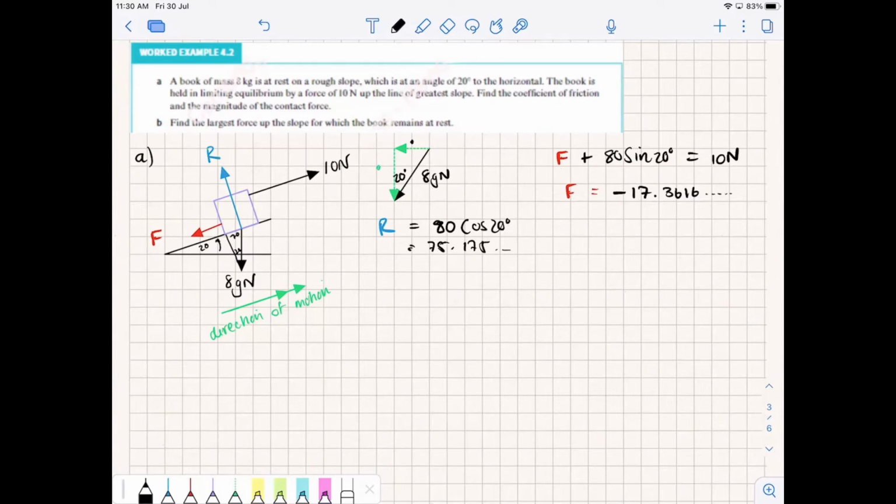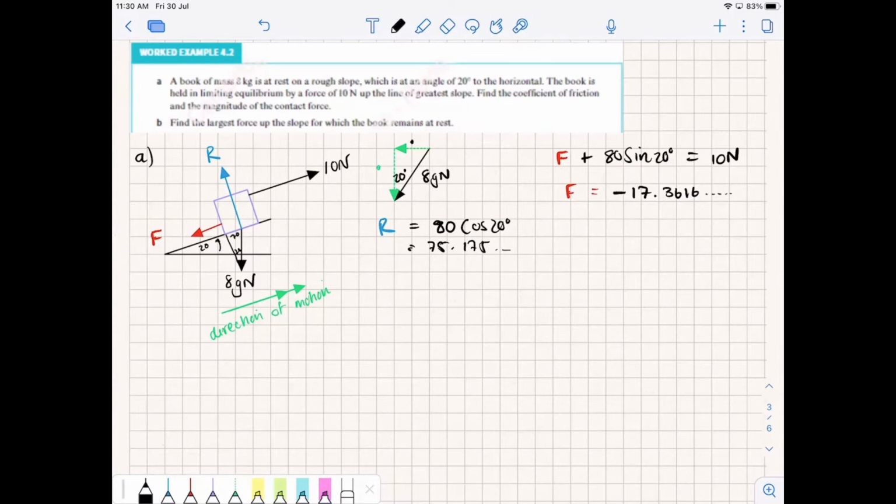So Zara, this is where you've now worked out that you've assumed that this force is acting against the direction of motion. You're assuming that the object was actually going to be moving up the hill, but you've actually got a negative number, okay? So this tells me that I've made the wrong assumption.